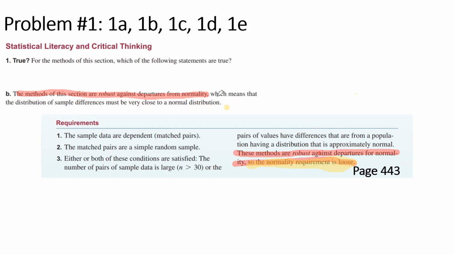Up here, it's saying the sample differences must be very close to normal, or else we can't use it. These two statements don't match up, and that's the reason why it is false. So yeah, this is a trick question.